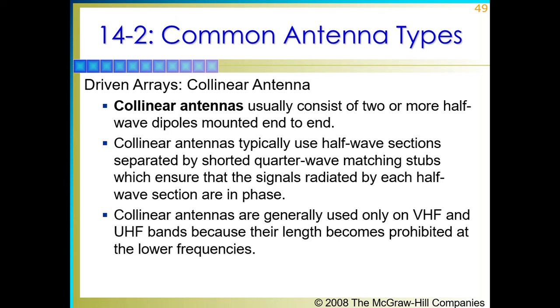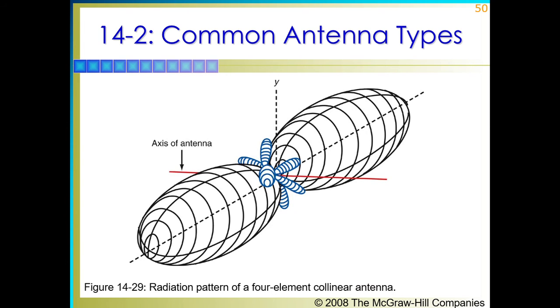They are connected using a coaxial cable cut to be one-half wavelength long. Calculated using the velocity factor of the cable, it is this coaxial cable that keeps the elements of the antenna in phase. This figure shows the radiation pattern of a four-element collinear antenna.